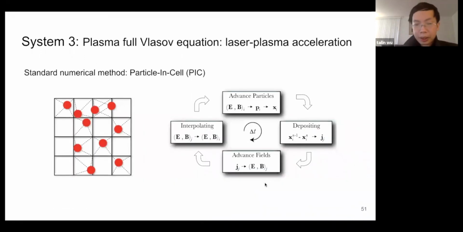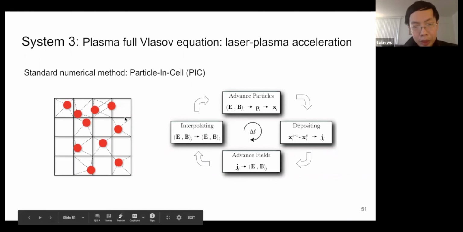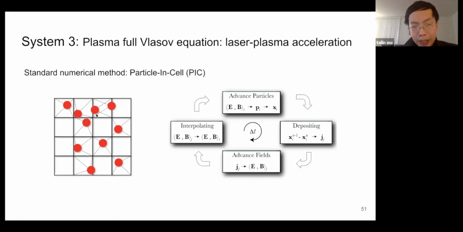And usually this kind of system is simulated with a particle in cell method. Basically, we can simulate the field using this grid, and then we can treat the electrons and ions as particles that are interacting with this field. And then the simulation method is usually like this, where we update the field based on the deposition of the charge density and current density on the field, and also the nearby field.